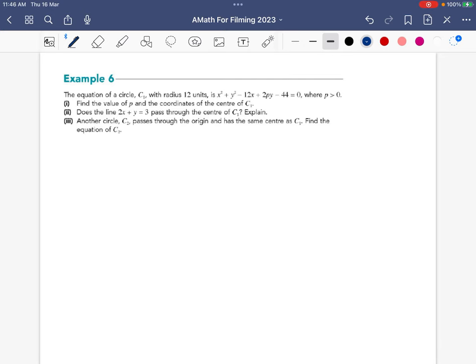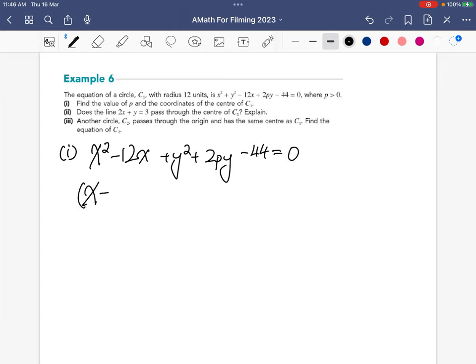We can start to express the equation of the circle in a form that is useful to us. I'll write it as x squared minus 12x plus y squared plus 2py minus 44 equals 0.